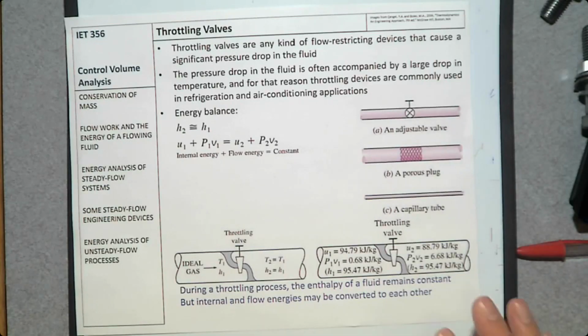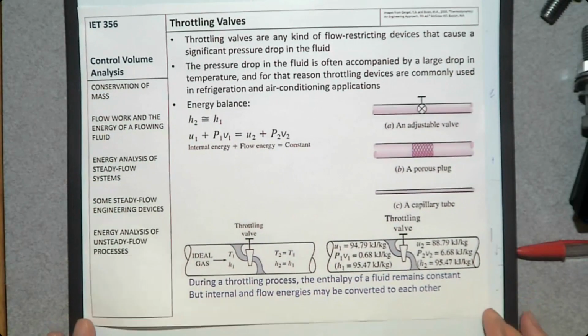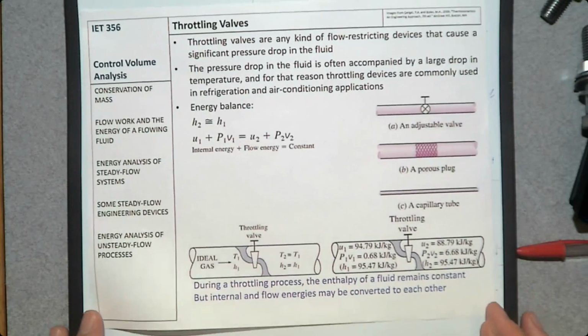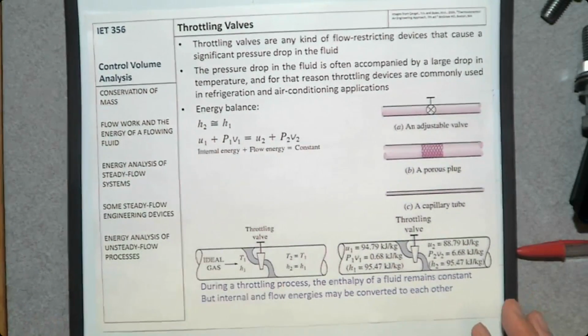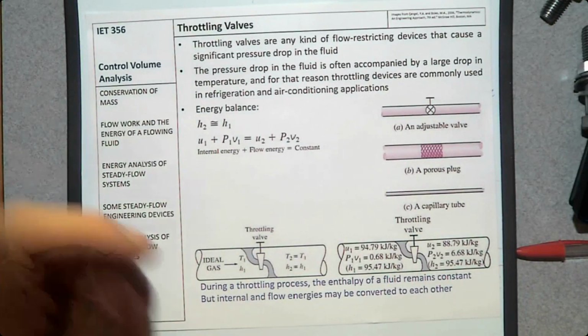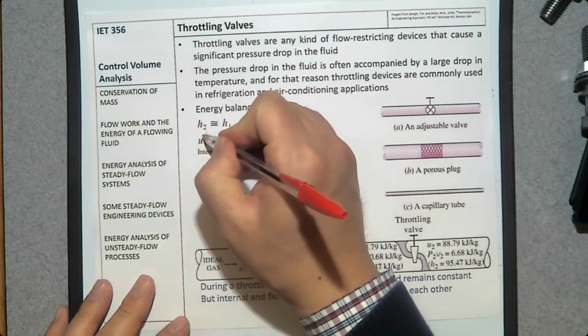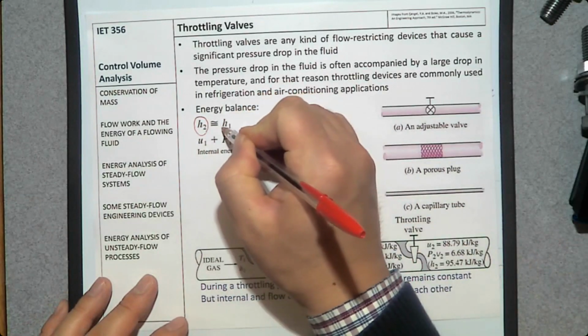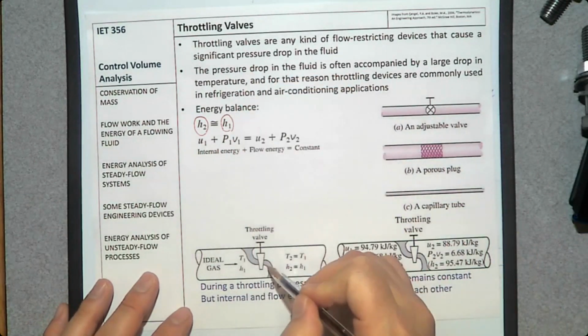Okay, last Tuesday we studied what a throttling valve is, and the energy balance equation for this throttling valve is that the enthalpy H remains constant before and after the valve.